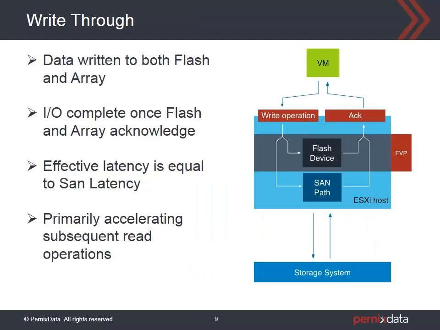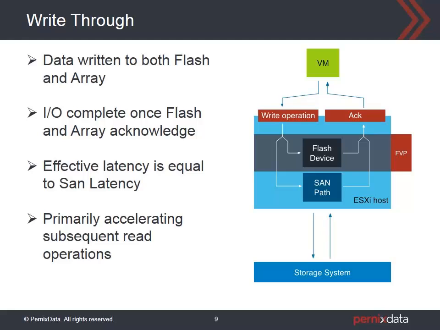Now let's talk about write through and write back. Let's revisit that. So write through is primarily accelerating read operations. And why is that? Because when a virtual machine issues a write operation and it hits the kernel, FVP will hijack that I/O and it will fork it, split it, and write to the flash device and send it down to the array.